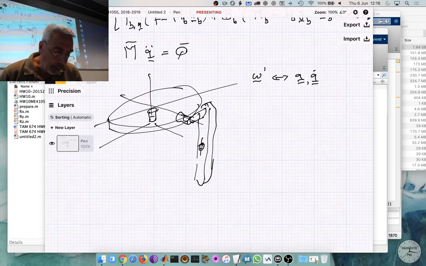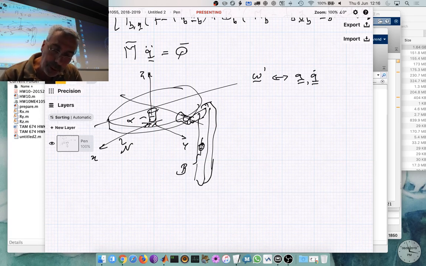Well, looking at the picture, this is the inertial frame with the X, Y, and Z. This was alpha, right? And this is glued to the inertial world. This is my body world. And then I just have to draw these angular speeds there.